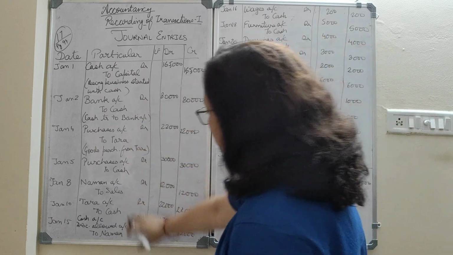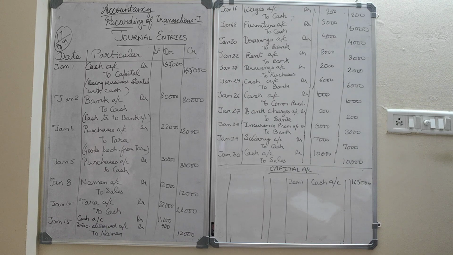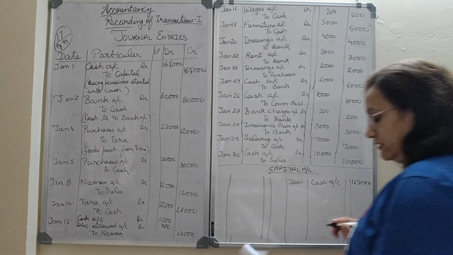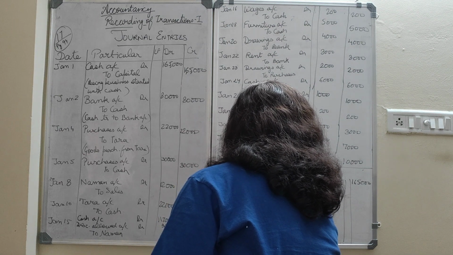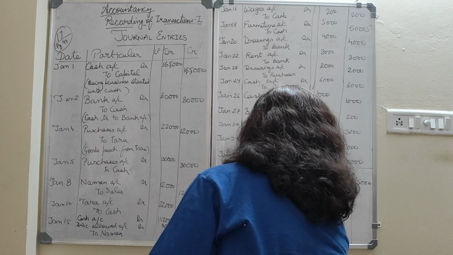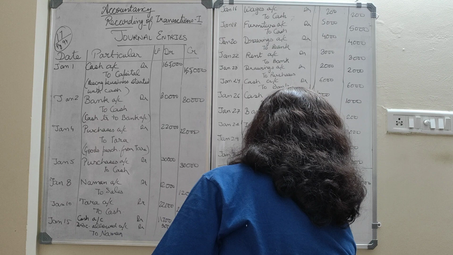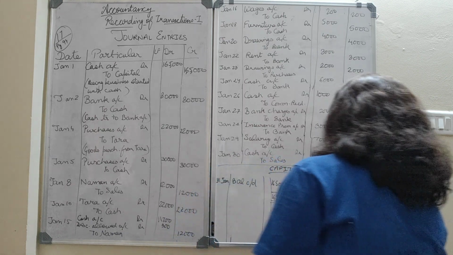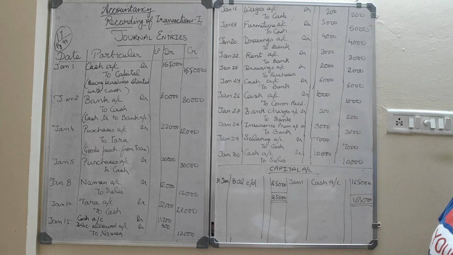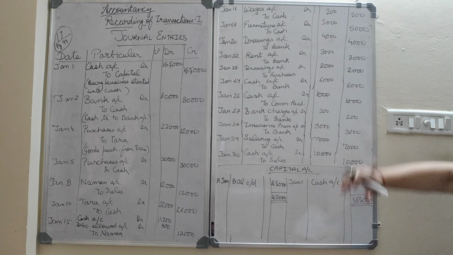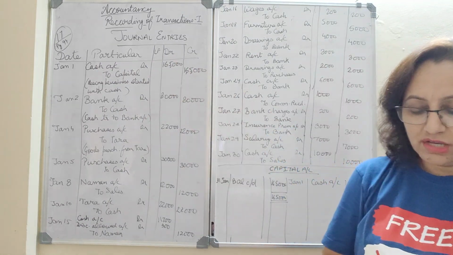As you can see in the whole question, there is no place where capital is used. We are using the capital account. So we will simply write this, and then on 31st January over here we will write balance carried down 165,000. And then on both sides the same amount is written and the ledger is closed. So this is the way of making the ledger of an account which has only a single entry, right?